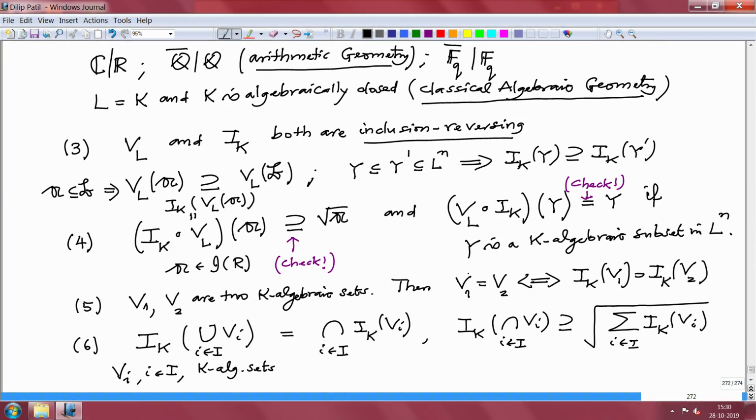So this shows that V1 and V2 are maybe not necessarily algebraic sets, but arbitrary two sets.